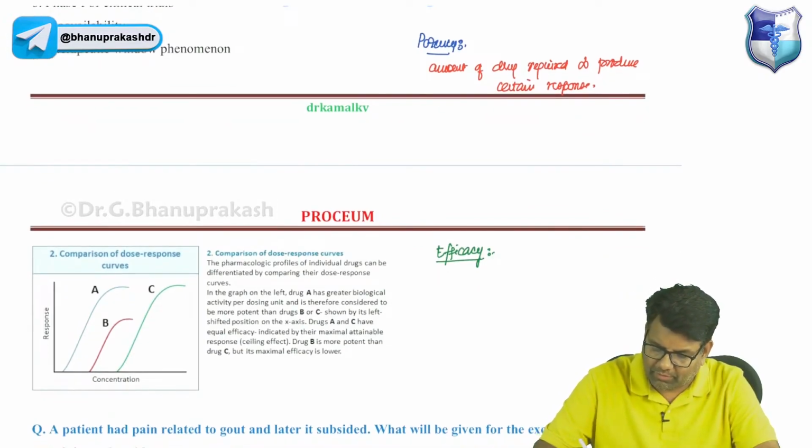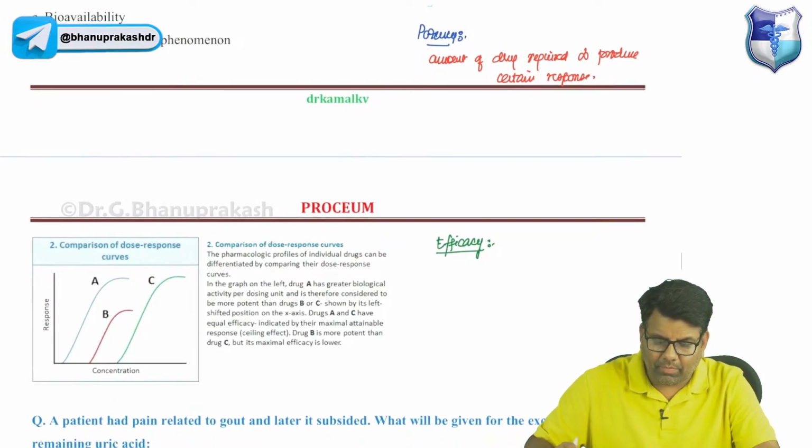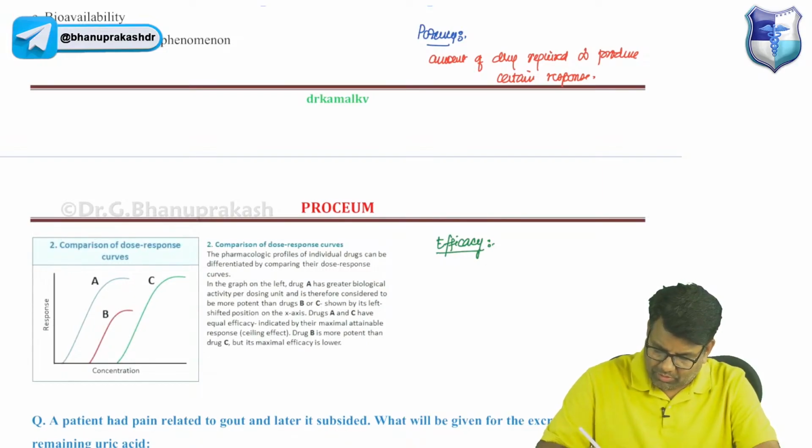Suppose if you see in the graph, if you compare the drug A and C, sorry, it's better to compare A and C. This is the desired response we are expecting.